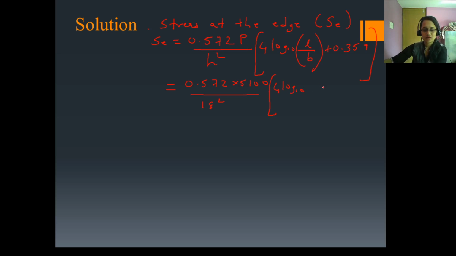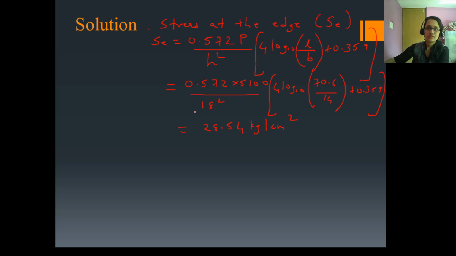We know L value is 70.6. B value also we know as 14, plus 0.359. So this value works out to be 28.54 kg per centimeter square.